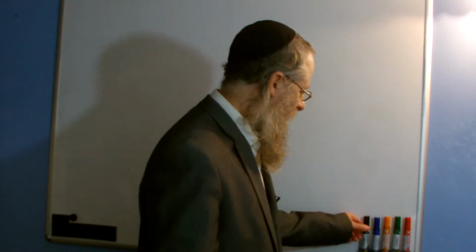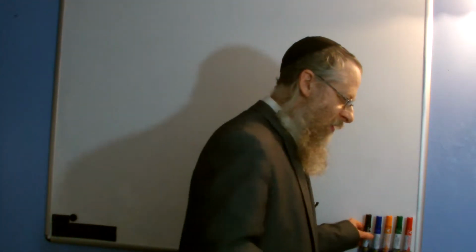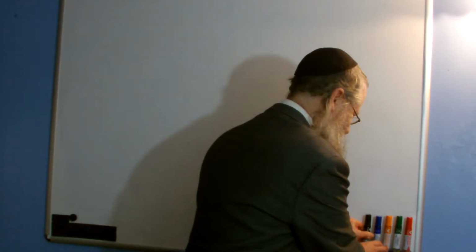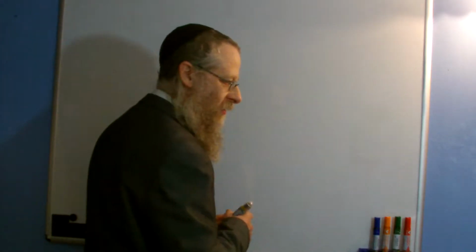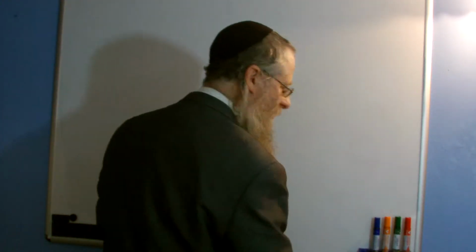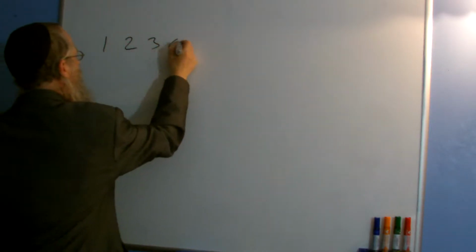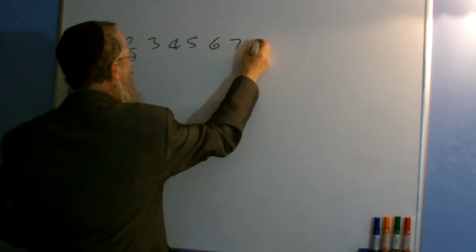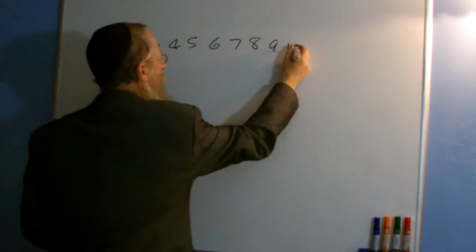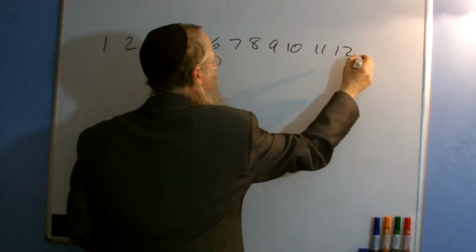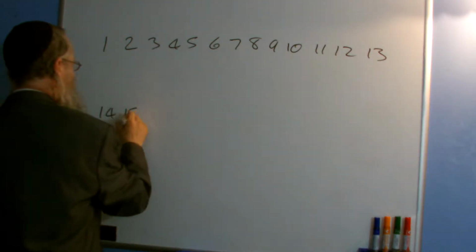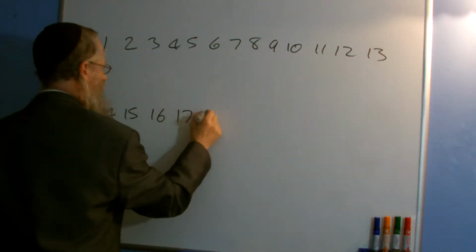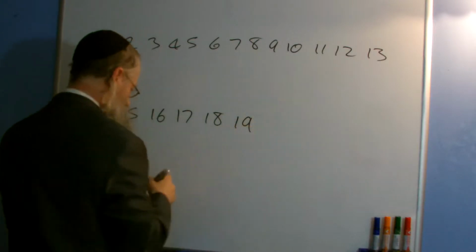So let's take a pen. The 19-year cycle has the following. We have 19 years. I'm going to write down 1 to 19 to make this simple. 1, 2, 3, 4, 5, 6, 7, 8, 9, 10, 11, 12, 13, and we'll do it down here, 14, 15, 16, 17, 18, and 19.